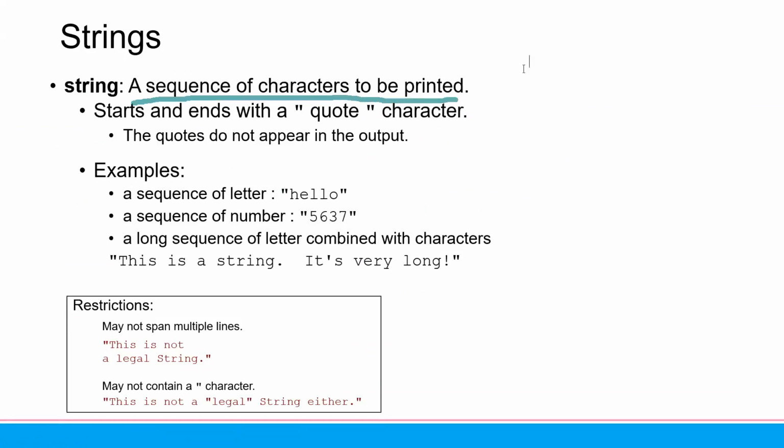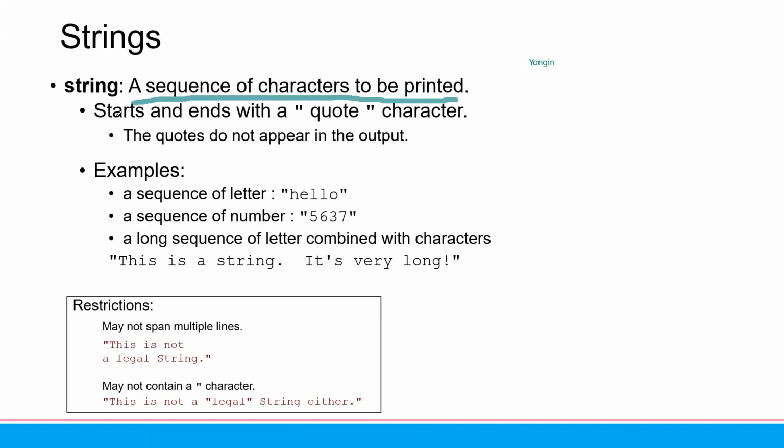So if you have Yongin, then it is a sequence of characters. We have Y, and then we have O, N, G, I, N. Y is one character, I is another character, N is another character. So if we collect all those characters into a sequence, we can say it as Yongin. And this is a string.